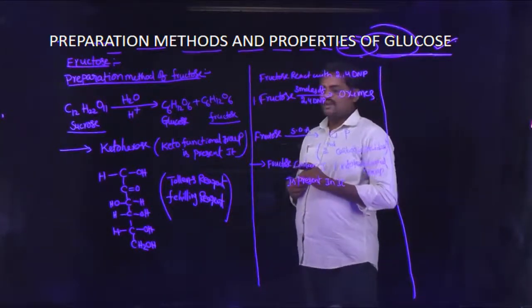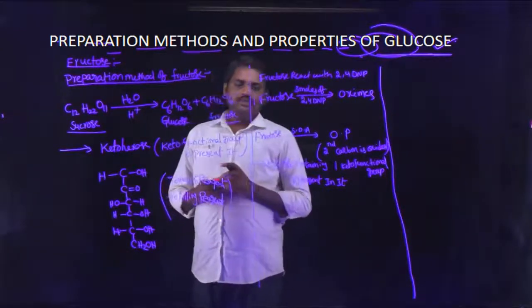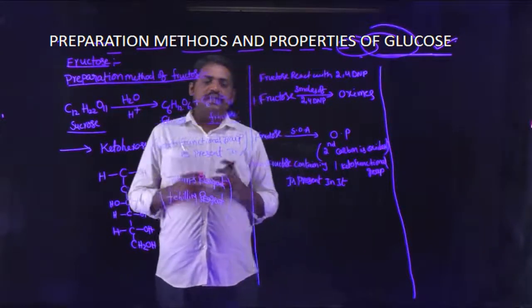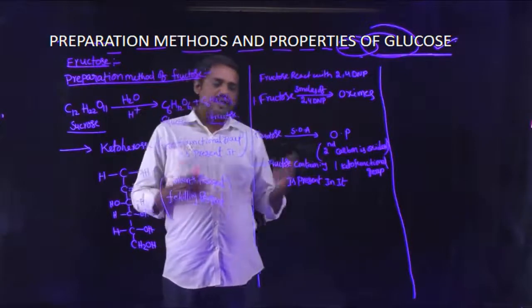Next, there are alpha-D-fructose and beta-D-fructose. Two types of structures are there, and these two are anomers.